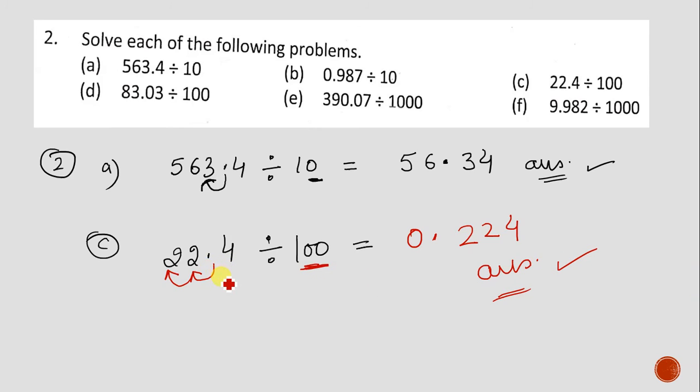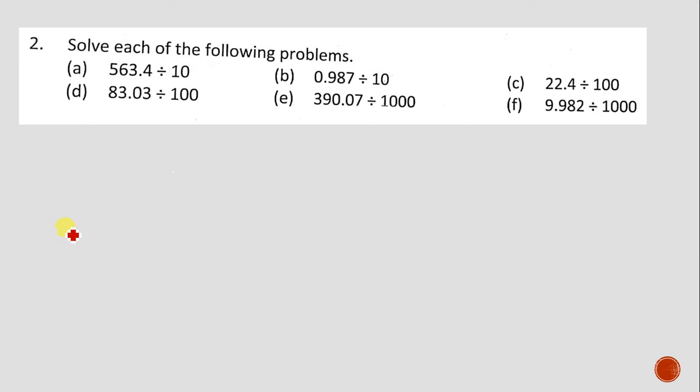In division case, how many zeros we have, that many places you have to shift from right to the left. Why I shifted? Because here 2 zeros were there, so I shifted that many places from right to left. Clear?